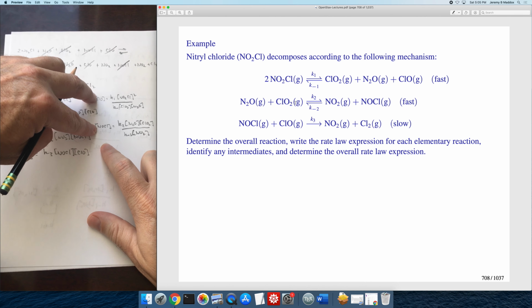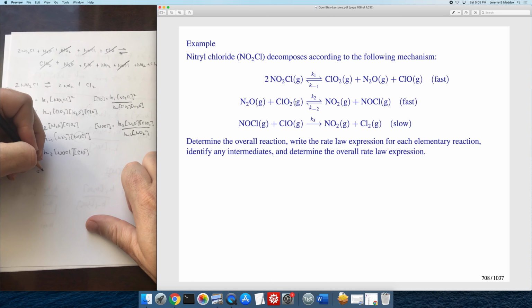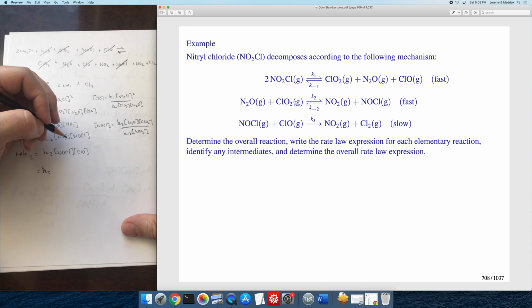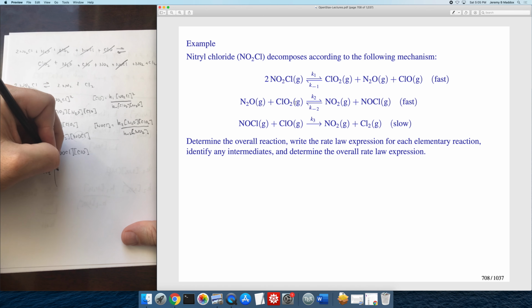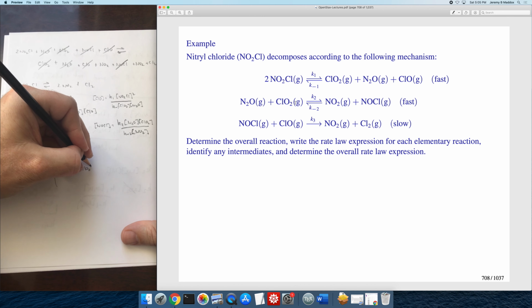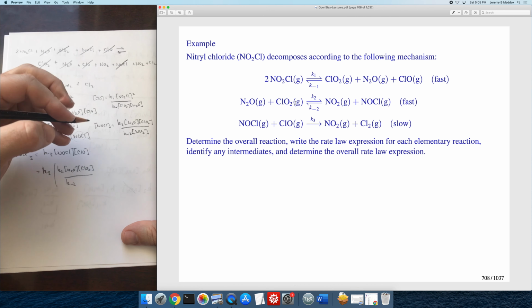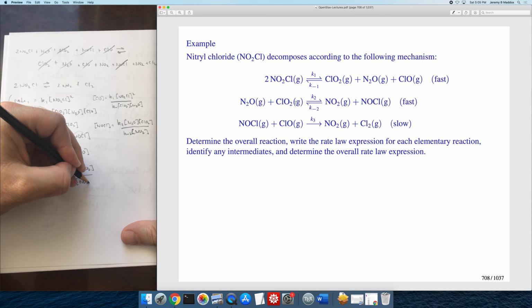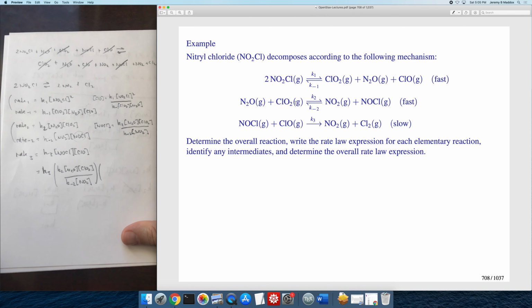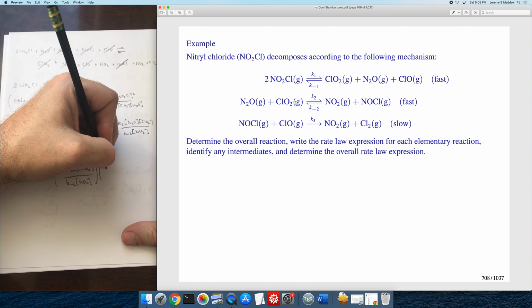Now we take these two and we plug them in here, and we're going to get some cool cancellations. So we'll have K2 times NO, ClO2, now substitute in the ClO.